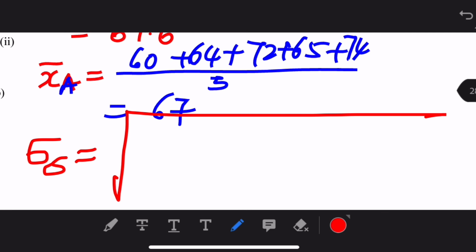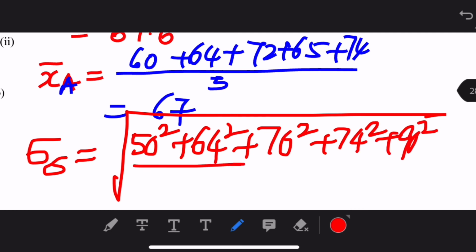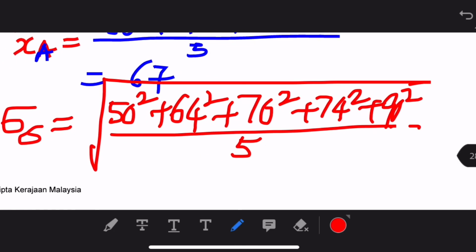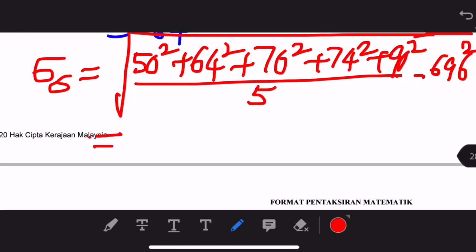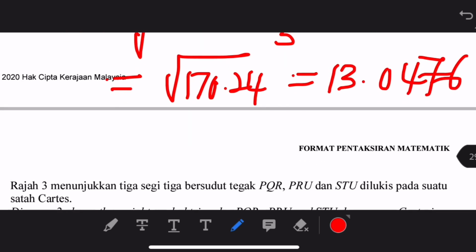I have to square 1 by 1, and then add 1 by 1, plus 74 plus 90 squared, the sum of data squared over 5, and then I have to minus the mean, which is 69.6 squared. This is the variance. After I square root, I will get the answer, which is 13.0476, the standard deviation for Sophia.